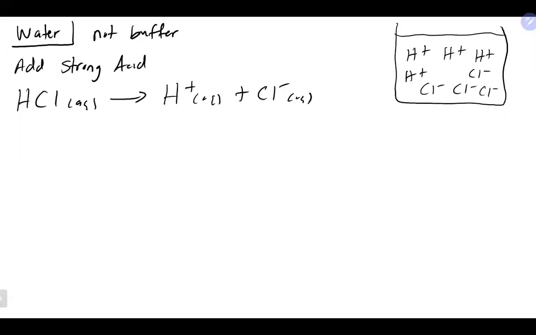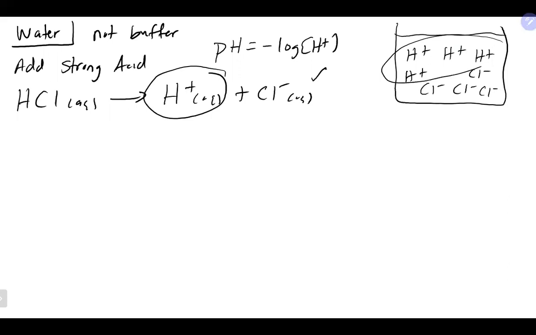And what we would expect to happen in this case is, we think about the pH equation, which is minus the log of the H plus concentration. By dumping this guy into water, we just generated a lot of H plus, which means the concentration of H plus goes up a lot, which means the pH will go down a lot.